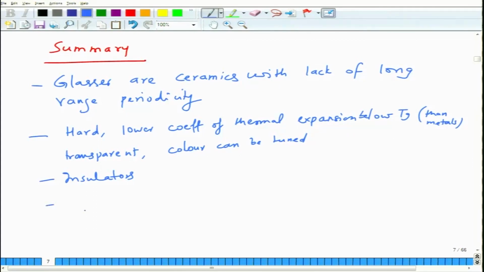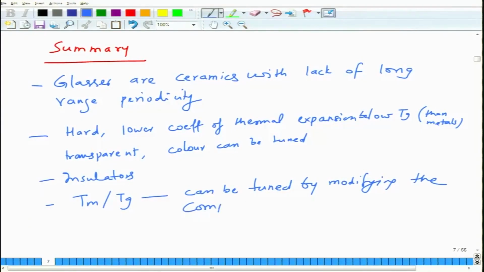Then they have their melting point Tm or glass transition temperature, which have different definitions in the glass sense, but it can be tuned by modifying the composition.